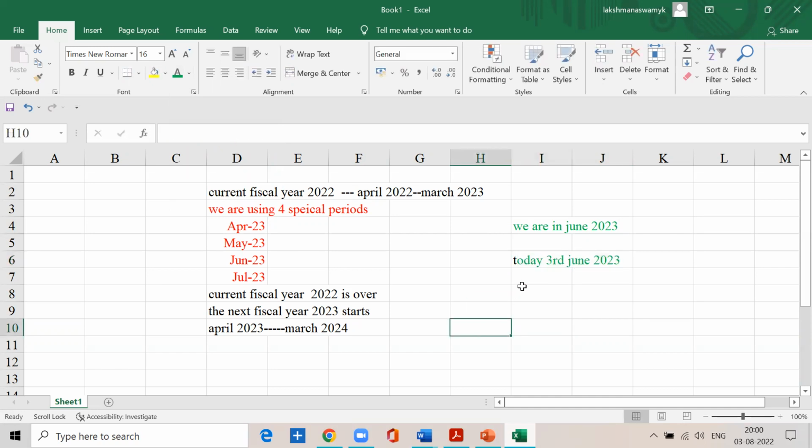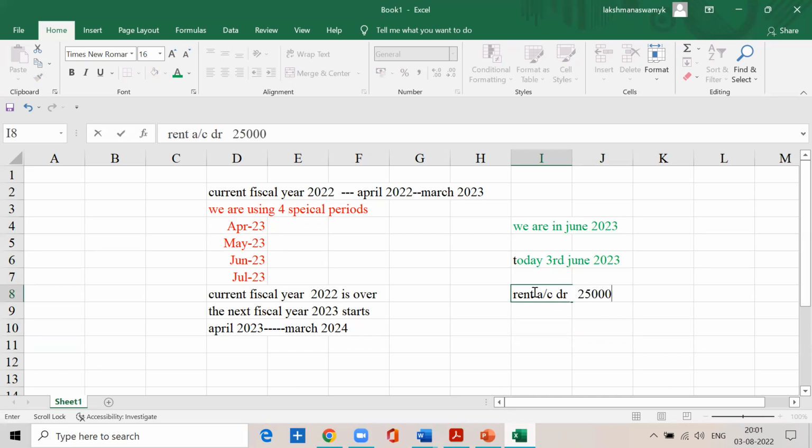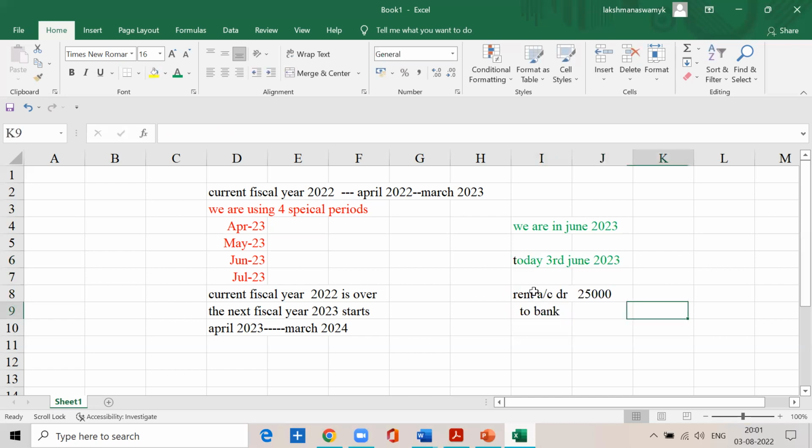So, today I am posting one business transaction, right? I'm debiting rent account, say 25,000, and crediting bank account 25,000. Now remember today is 3rd June 2023. So we are in the fiscal year 2023, right?